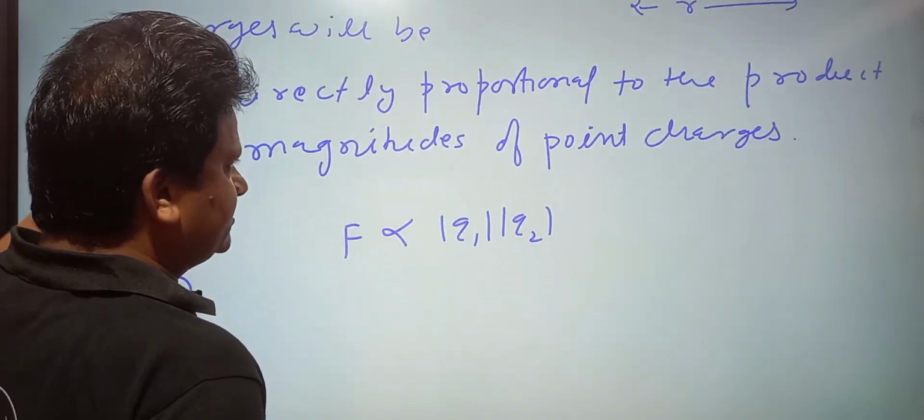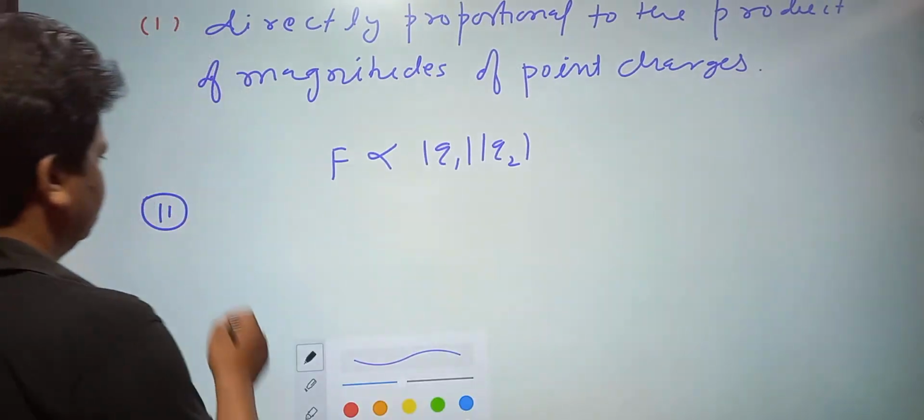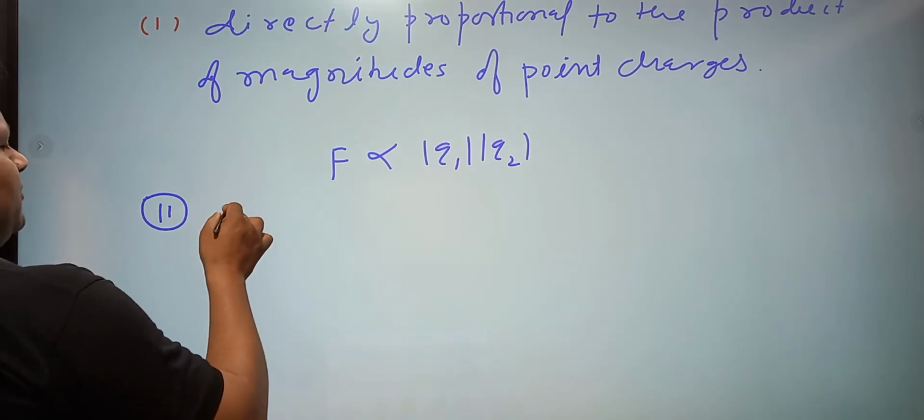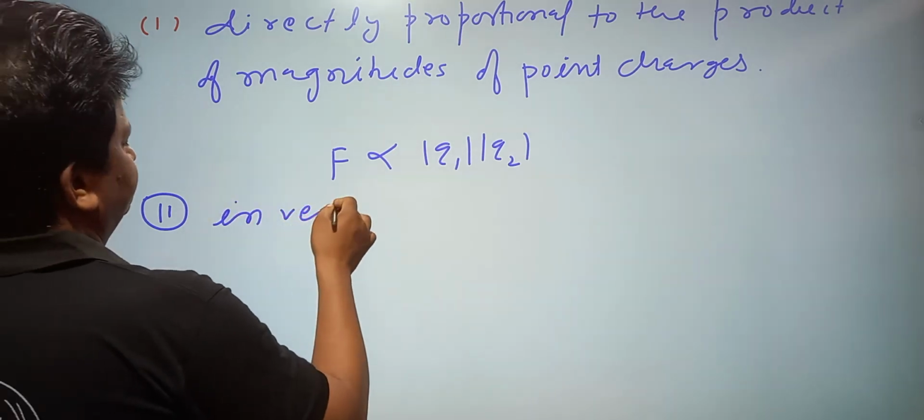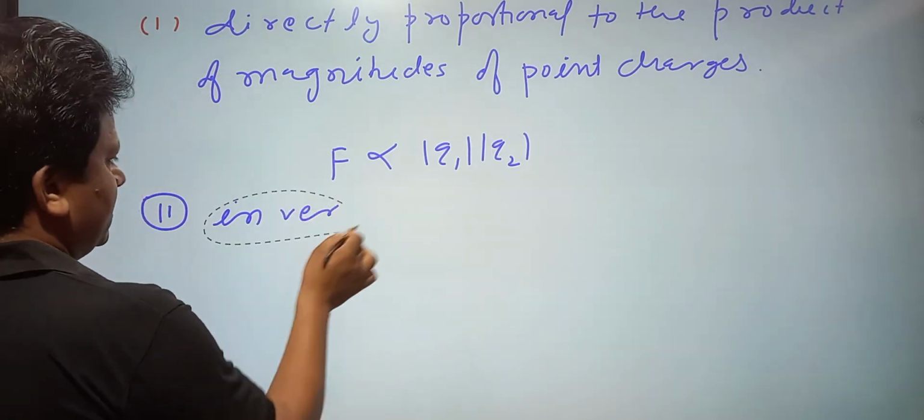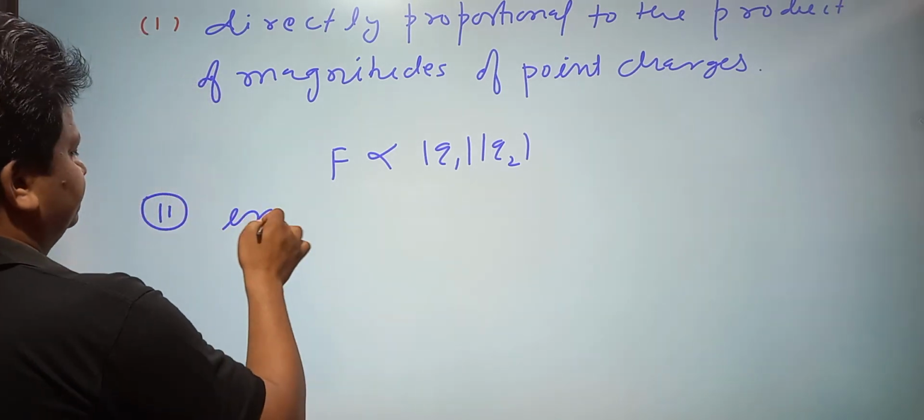The second point is inversely proportional to the square of the separation between them.